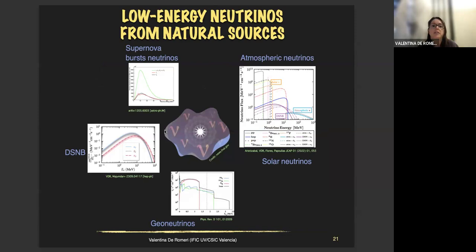Concerning the natural sources, we have neutrinos from supernova bursts or from the diffuse supernova neutrino background, geoneutrinos, and then atmospheric and solar neutrinos, which indeed induce CEvNS, for instance, in dark matter direct detection experiments, as we will see.